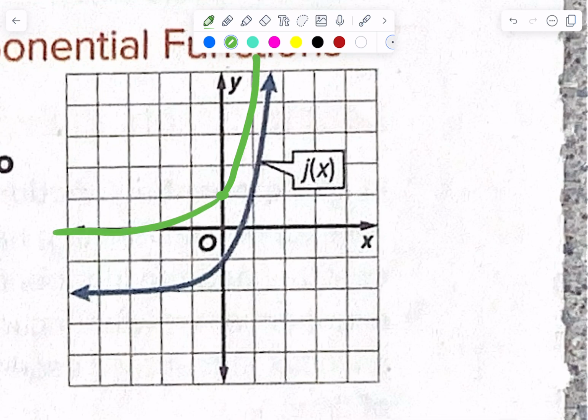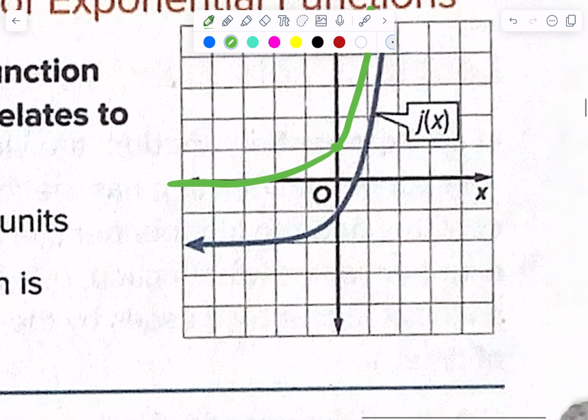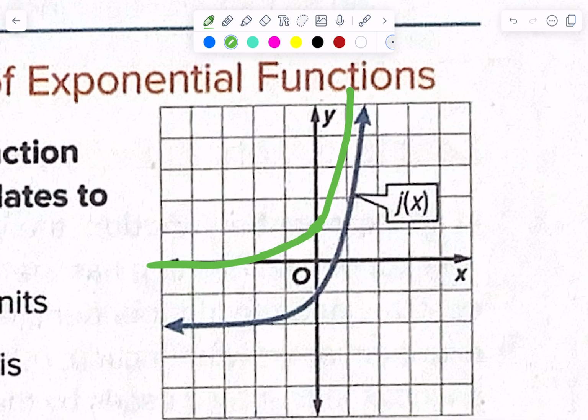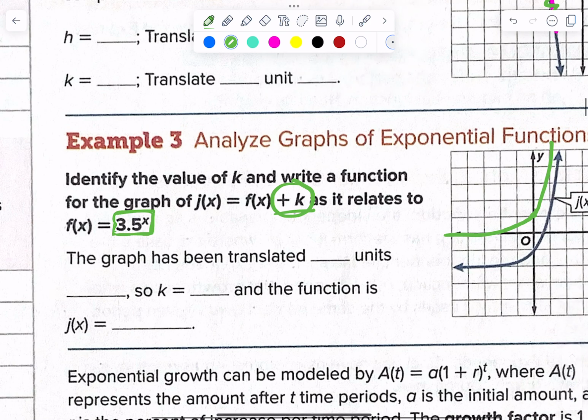So what's the value of k? How has he moved up or down to get to the new guy? The green one's what he should look like before. Down 2. Is he down 2? Yeah. So the graph has been translated 2 units down.